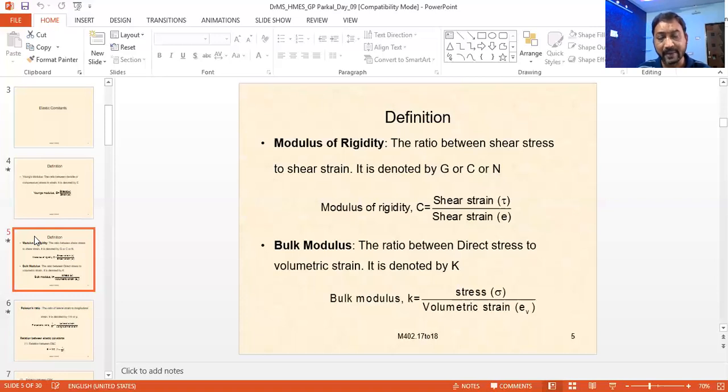Like that the stress can be obtained. The bulk modulus is also measured in newtons per square millimeter or newtons per square meter, and it is denoted with the capital letter K.